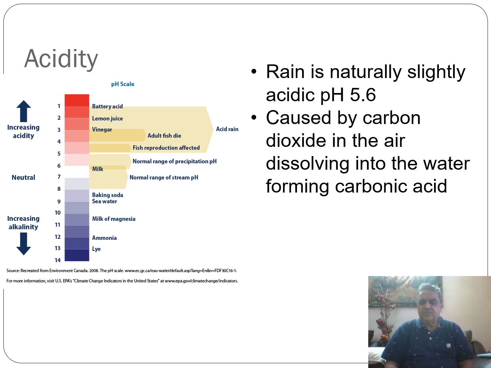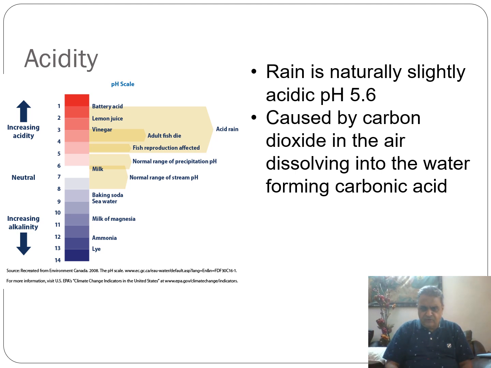Here the neutral pH is 7, and as you can see, the topmost is battery acid at pH 1, lemon juice is pH 2, vinegar is pH 3, and as you can see I've bucketed acid rain, and the acid rain is bucketed between 1 to 5, wherein adult fish die in this region, fish reproduction gets altered, and you can see between 5 and 7 is the milk, where normal range of precipitation pH of milk is 5 to 6.